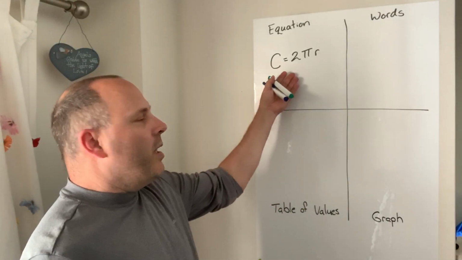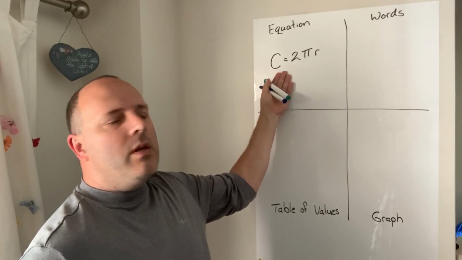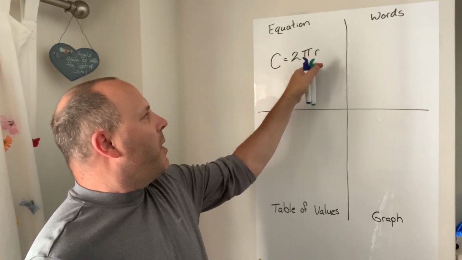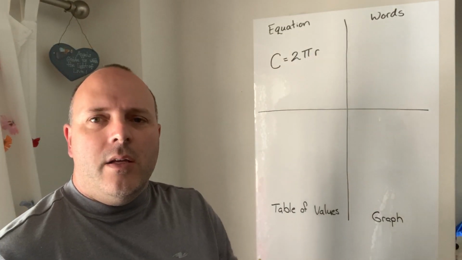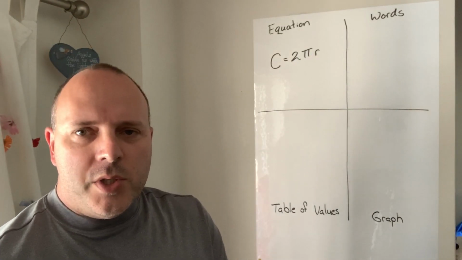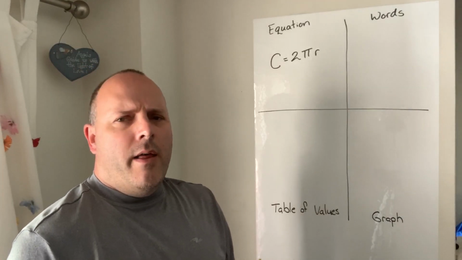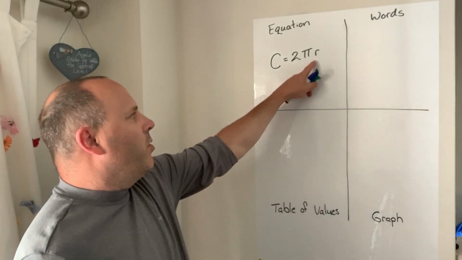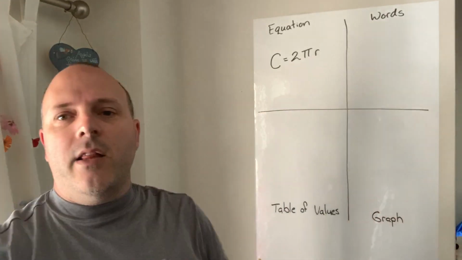I wrote down this equation. It's C equals 2 times pi times r. Now, you might not use the word equation when you see that one. You might say, that's the formula for circumference if you know the radius of a circle. And you're exactly right.